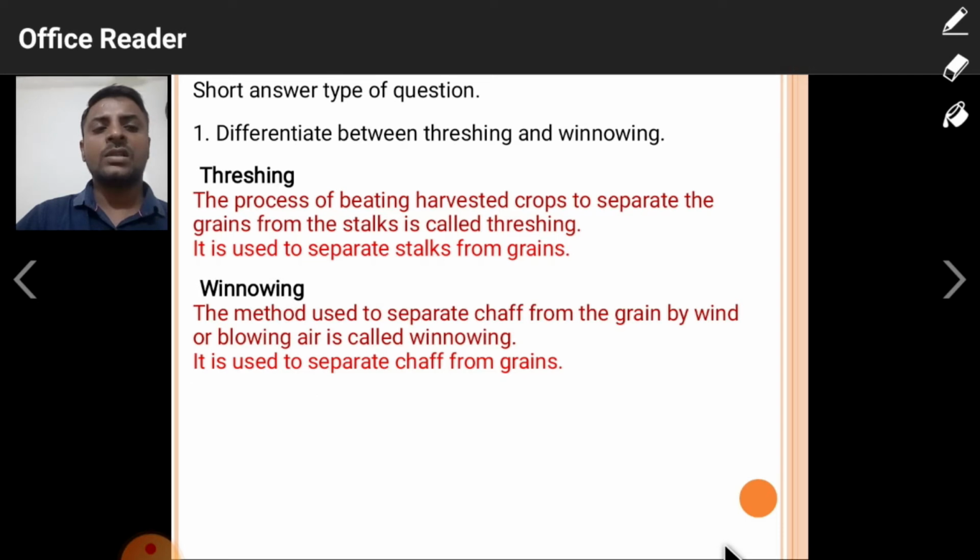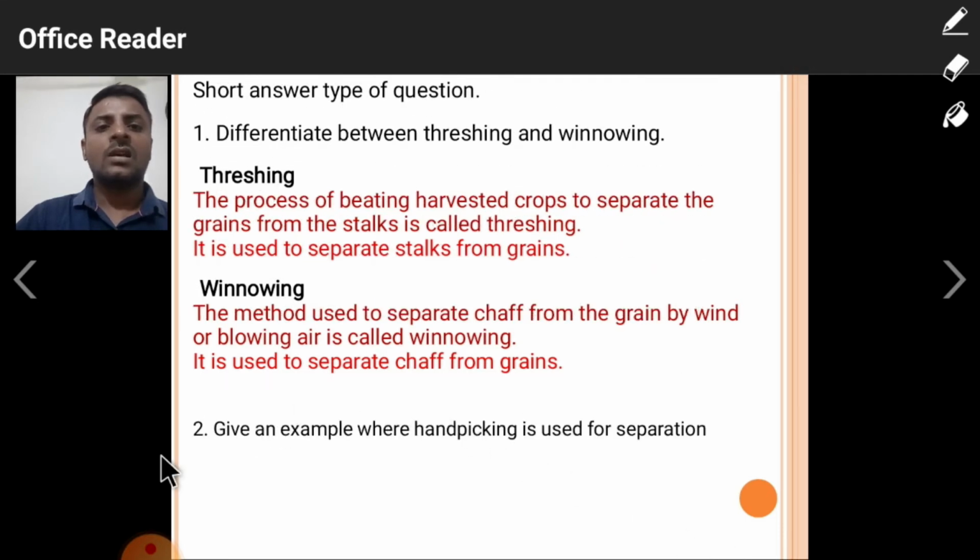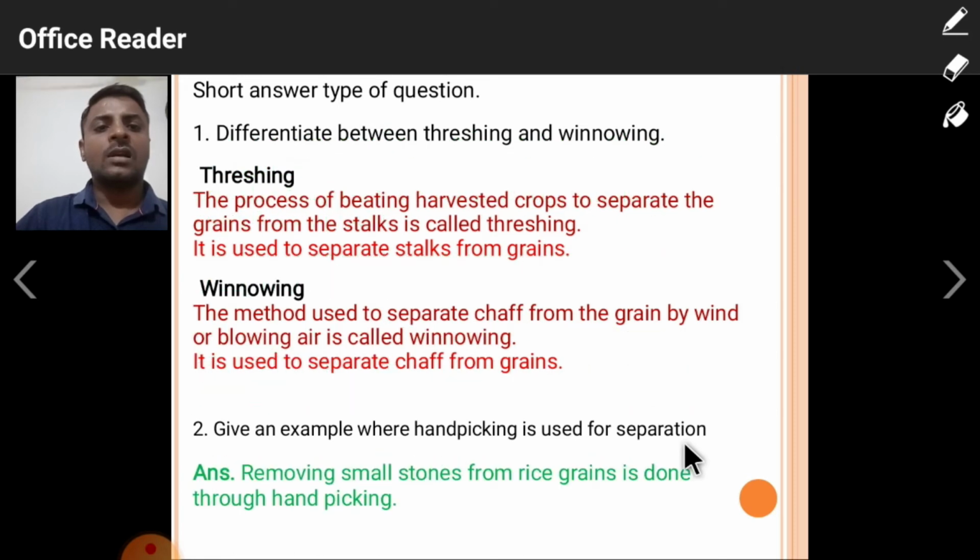Let's see, the next question is, give an example where hand picking is used for separation. In many places we can give examples. Removing small stones from rice grains is done through hand picking.